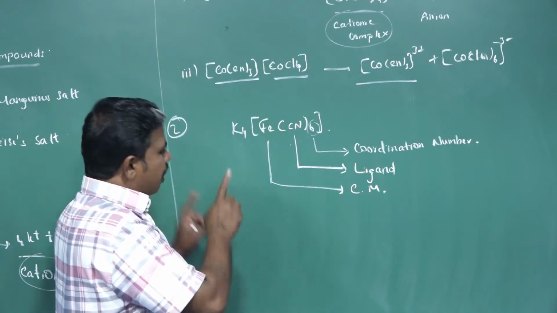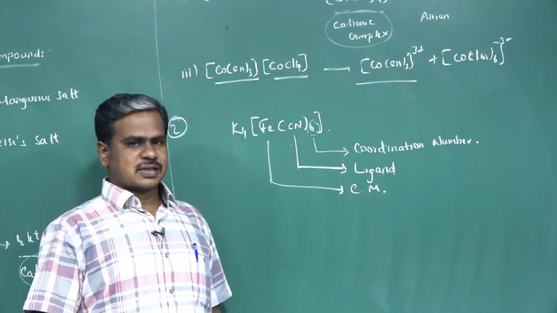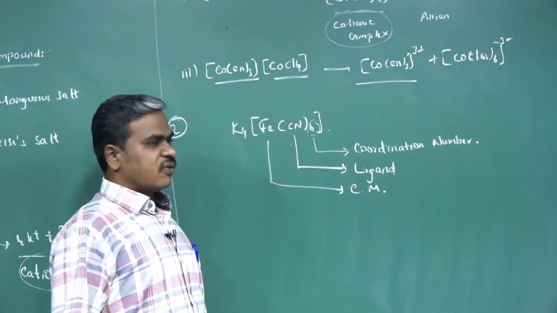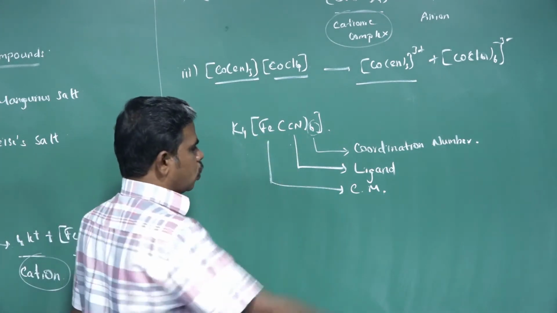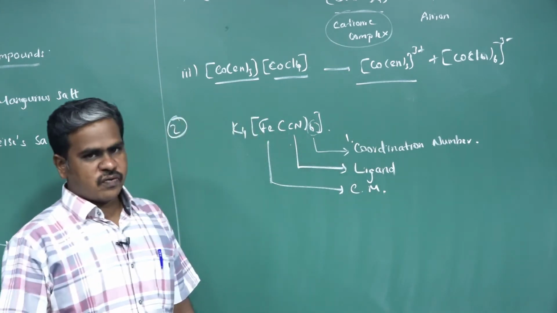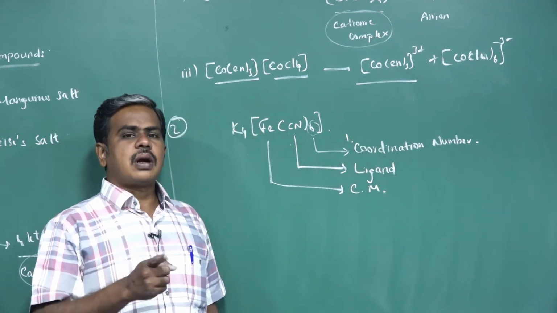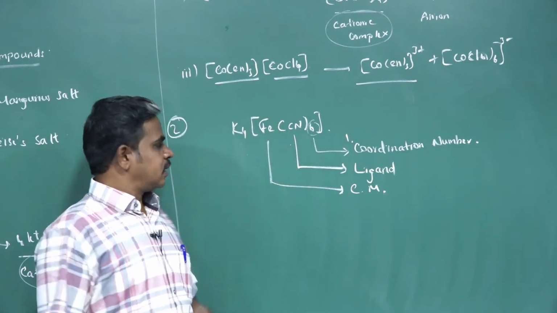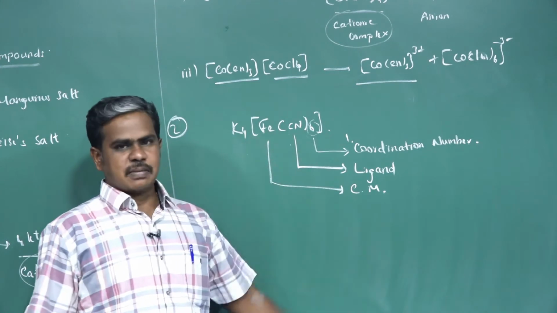So in a complex, which one is named first? The first one is the coordination number. So first we name the coordination number, and after that the ligand, and after that the central metal atom.